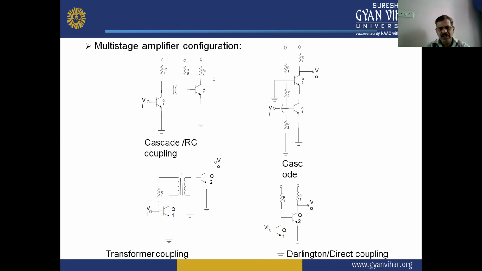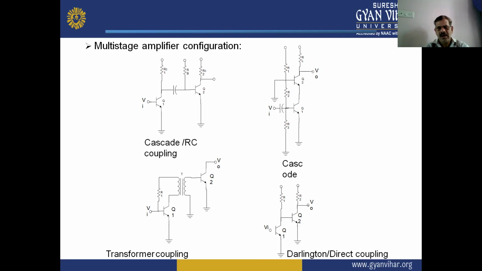And also in cascade amplifiers, we connect one amplifier to another amplifier vertically.